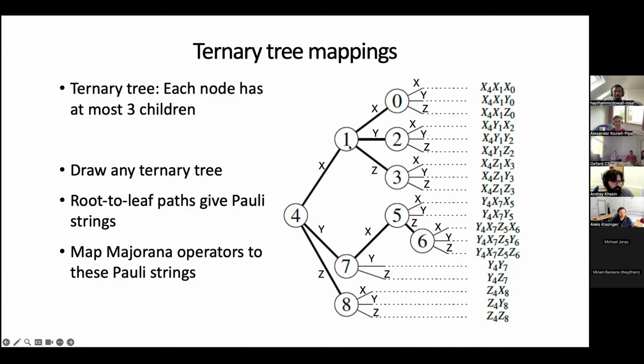So say you want to look at Majorana 2 and Majorana 3. They are both descendants of 1. I believe you go all x's until you get to a z, and then all y's until you get to a z. It's not an obvious way to do it, but it's in the paper.